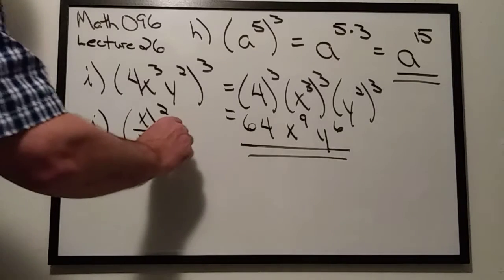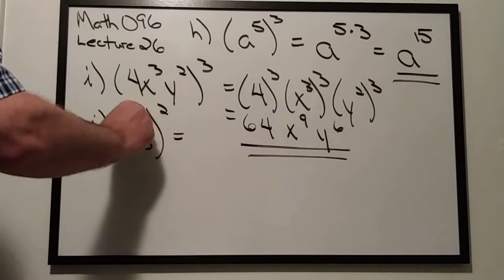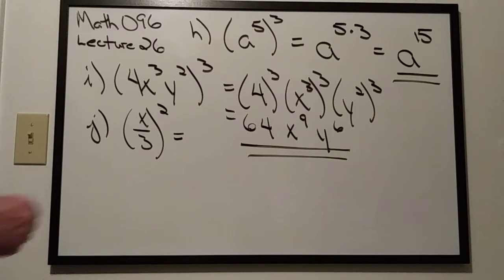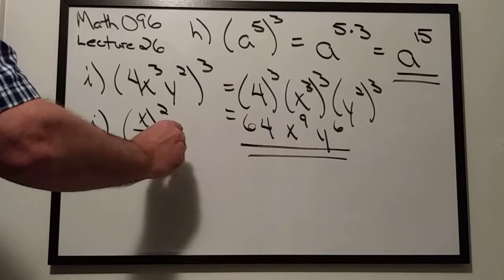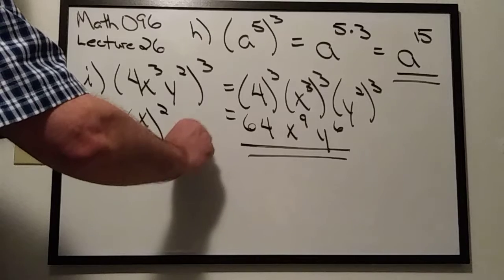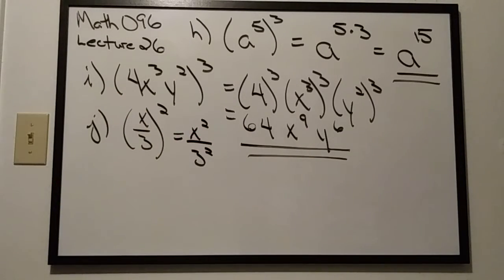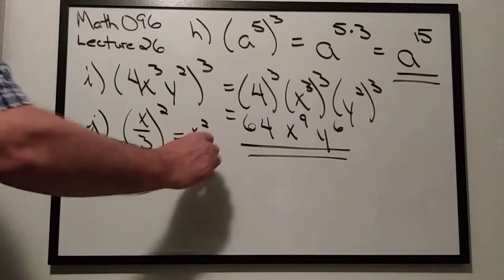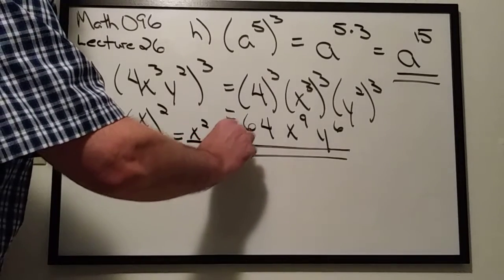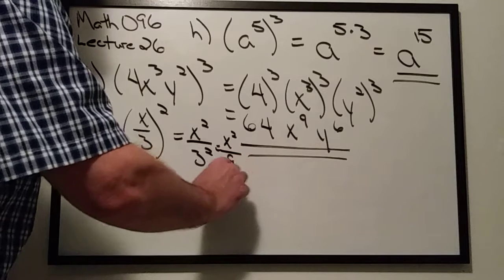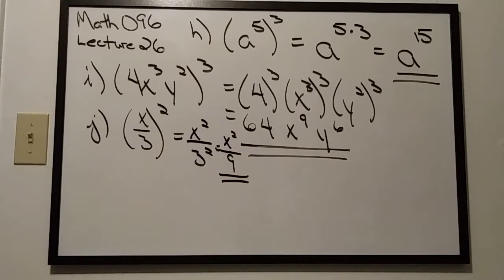Power of a quotient rule says we can bring that power of 2 down to each one of these items, to the numerator and to the denominator. So we're going to have x to the second divided by 3 to the second. But once again, 3 to the second power, we can actually do a calculation there. So it's part of the problem to do that calculation. 3 times 3 is 9. So we're going to have x to the second divided by 9 as our final answer.